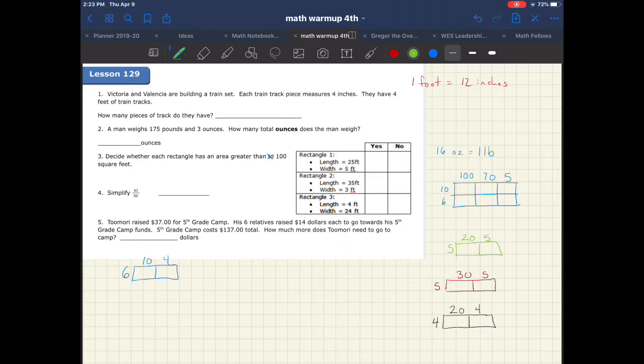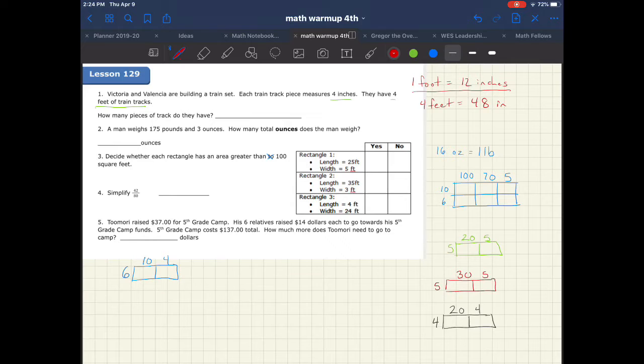So number one, Victoria and Valencia are building a train set. Each train track piece measures 4 inches, and they have 4 feet of train tracks. So we really have to know here that 1 foot equals 12 inches. So if they have 4 feet, they have 48 inches.